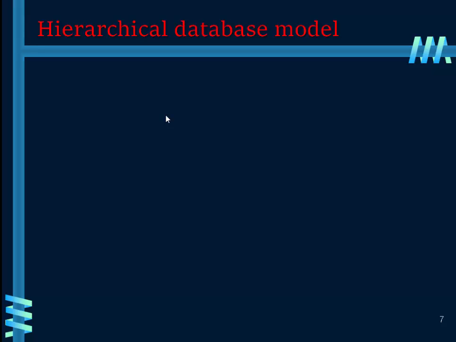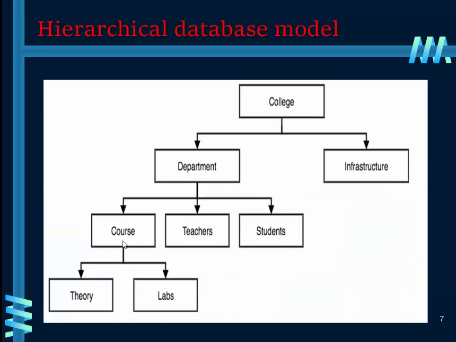The hierarchy starts from the root data and expands like a tree, adding children to the tree. Those are called nodes. See here I am displaying one image which describes the hierarchical model. This is a college database, which uses the hierarchical data model.